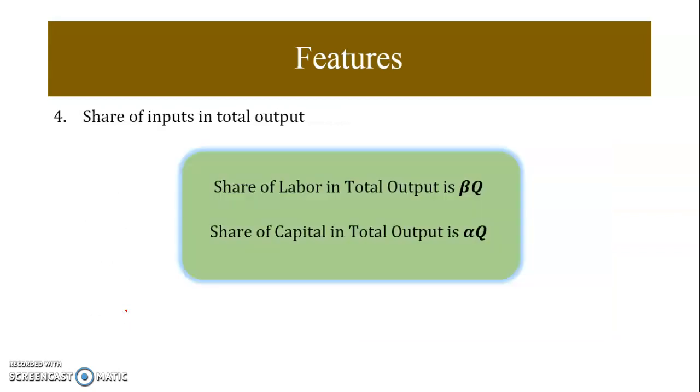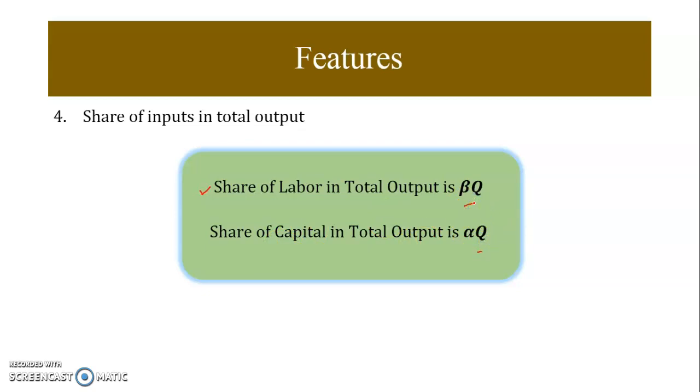Now the fourth important feature is the share of inputs in the total output. So the share of labor in total output is beta into Q, and for capital, it is alpha into Q. The proof is very simple.